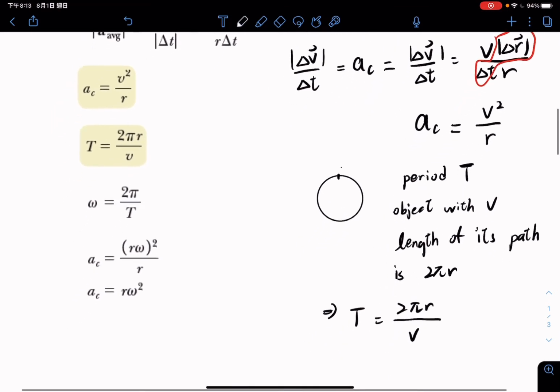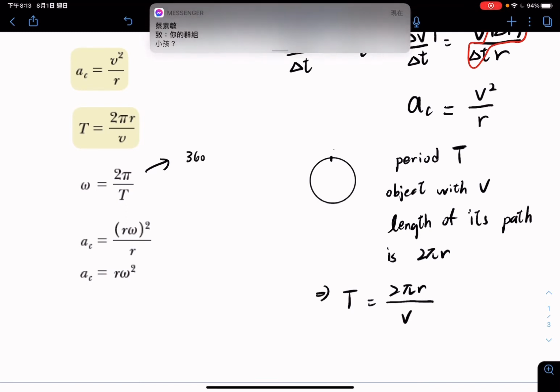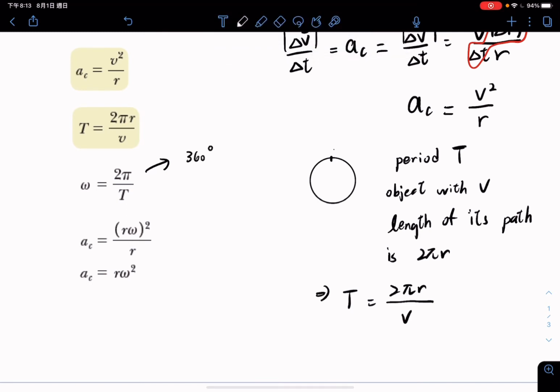Then we define omega. Omega is the rate of change of angle. We use 2 pi, which is also equal to 360 degrees.